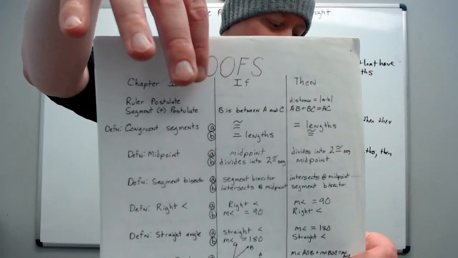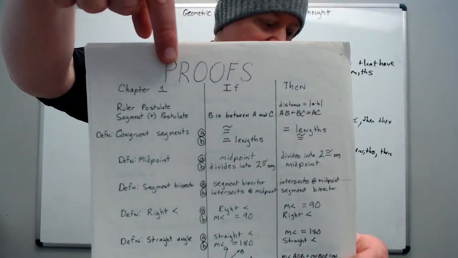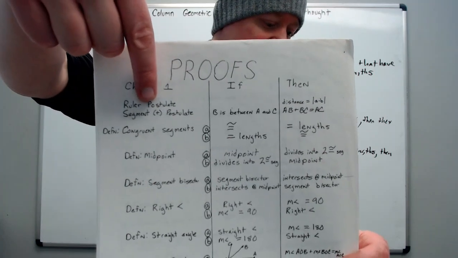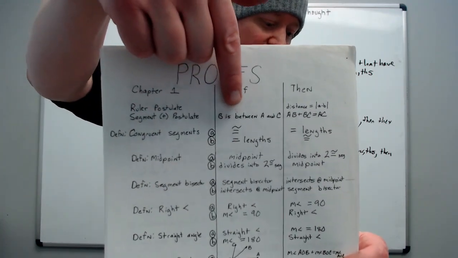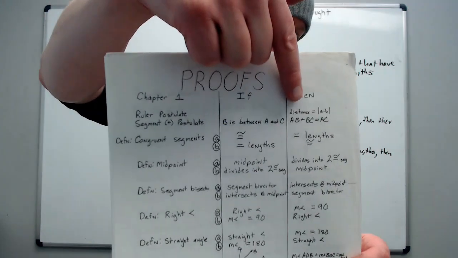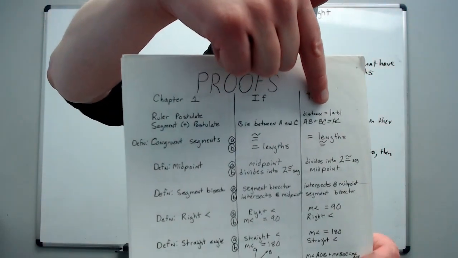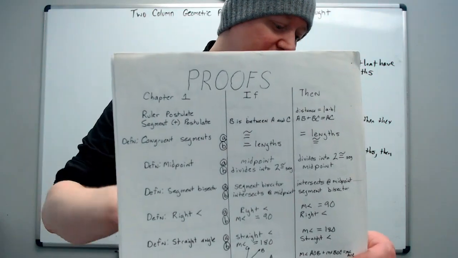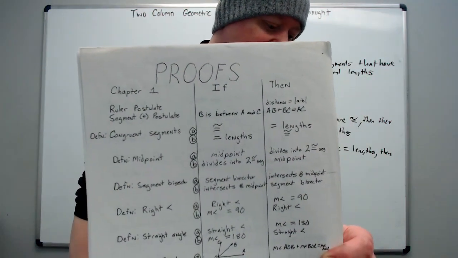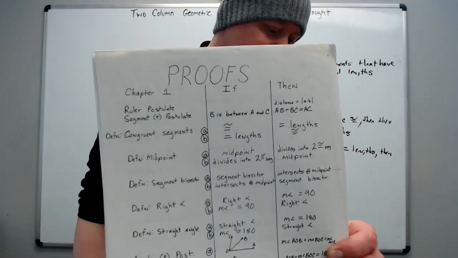And you start from the very beginning, from chapter 1, and then you're going to go to ruler postulate and segment addition postulate. The if for this is B is between A and C. The then is the distance is equal to the absolute value of A minus B. It also results in AB plus BC equals AC.